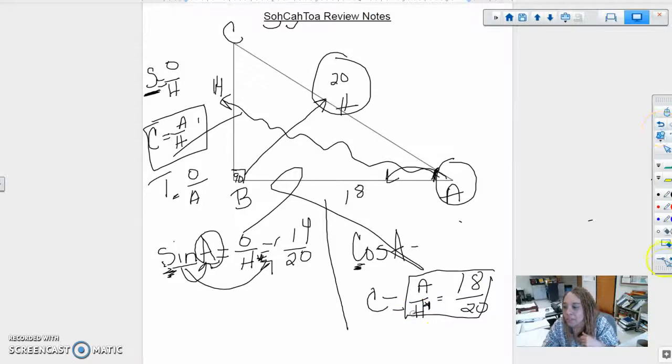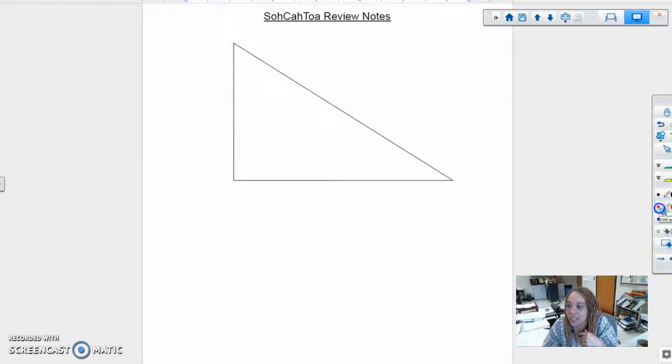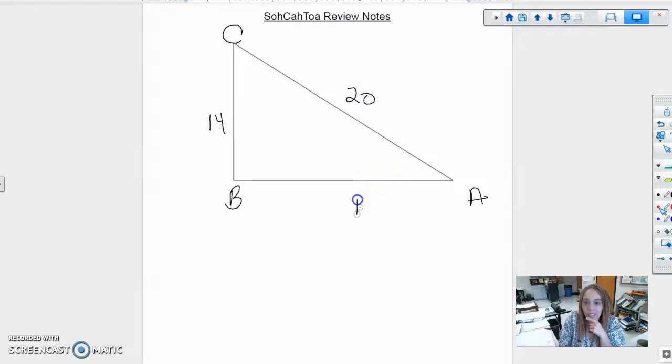So let me clear the screen, and now this is the challenge and the bonus. Again, we had angles A, B, and C. We have 20, 14, and 18. If I asked you for tangent A, this is our third ratio.